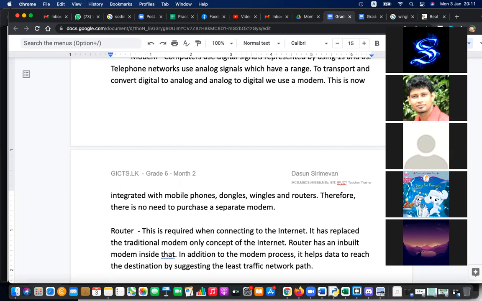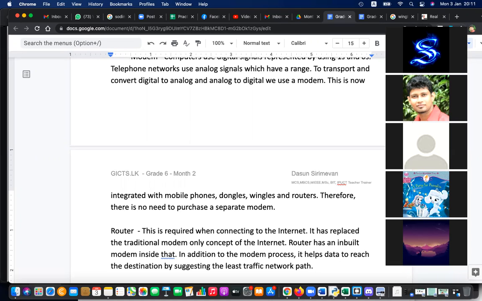But when suggesting a path, it doesn't consider the distance. Distance is not a problem because data travels very fast. From here to California, it will take only seconds. That's why when you request Google, you can get that instantly. Within seconds, it will reach.